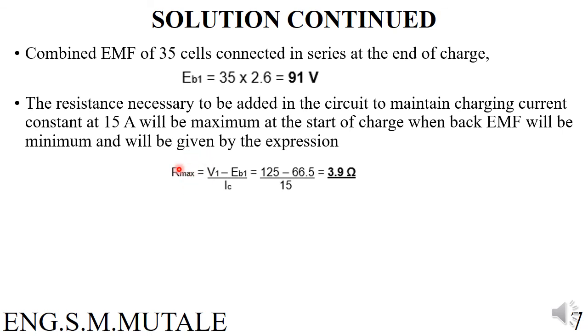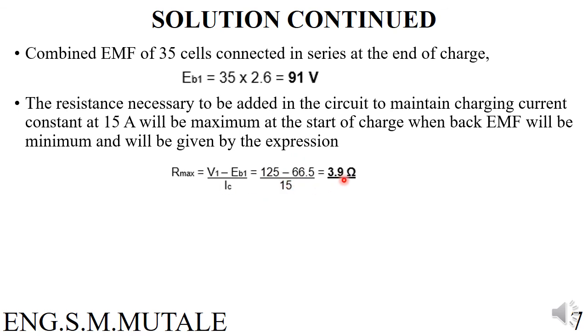So we know that resistance is simply voltage over current, but we've got two voltages there. We've got the voltage which was given in the data there, which is 125, and the voltage which we got at the start, which was 66.5 on our previous slide. So you do the difference between those two voltages. We want to find the resultant voltage, and then you divide by the charging current.